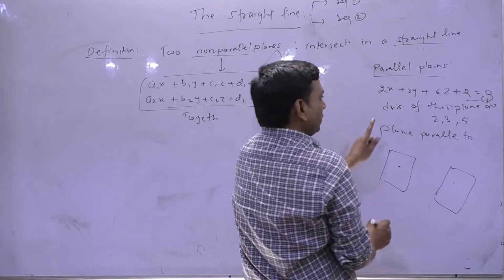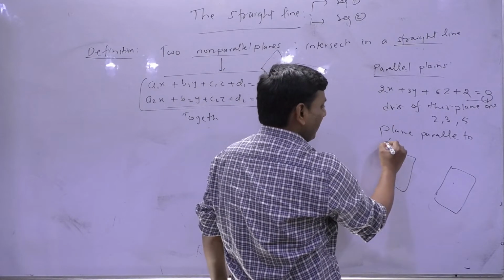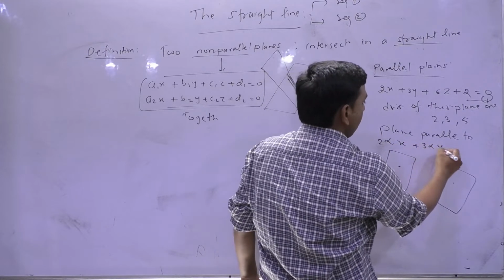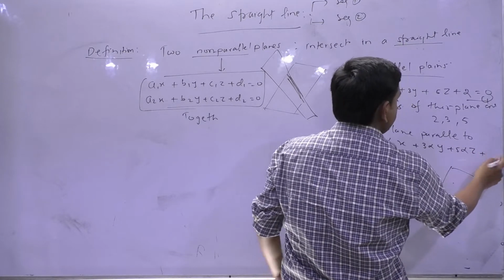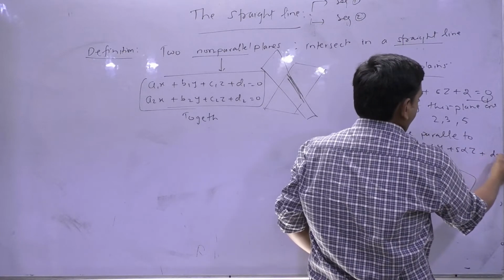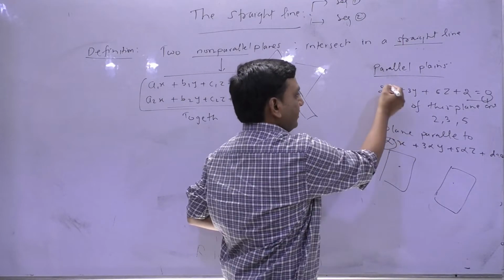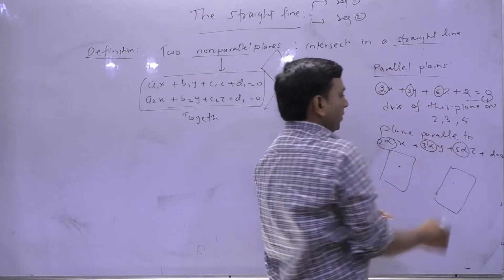Getting my point? A plane parallel to a given plane can have any constant D. Now look at the DRs.